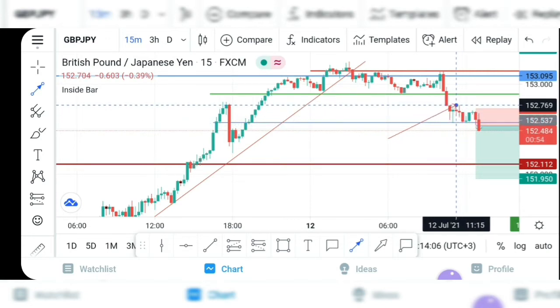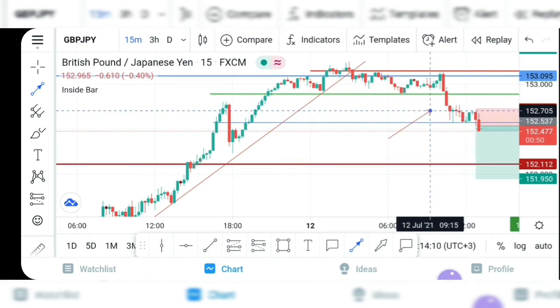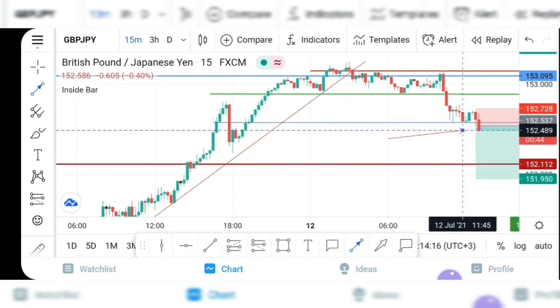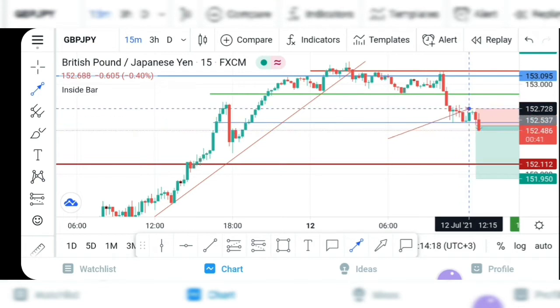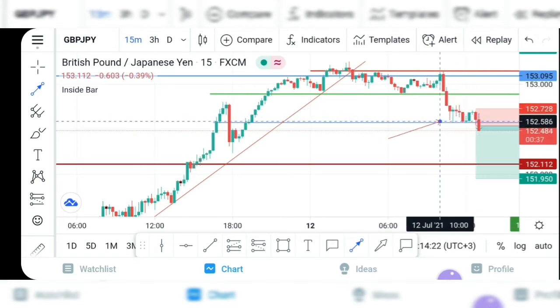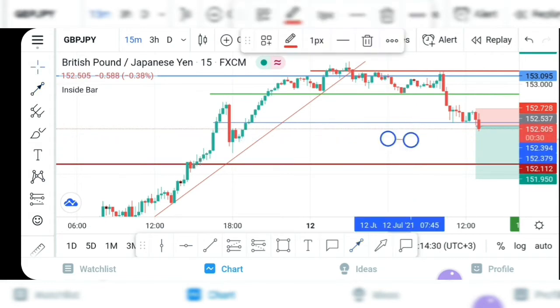It created a level here, came back and retested that level. And what do you do? You come here, you place a sell stop and a stop loss just above this previous high, with a risk reward of 1 to 3, and you're good to go, man.